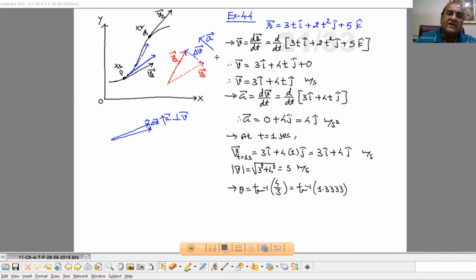So see here, the direction of delta v is not the direction of v1, not the direction of v2, it is some third direction. Clear? So acceleration is in the direction of delta v. In this way we can understand the direction of acceleration.